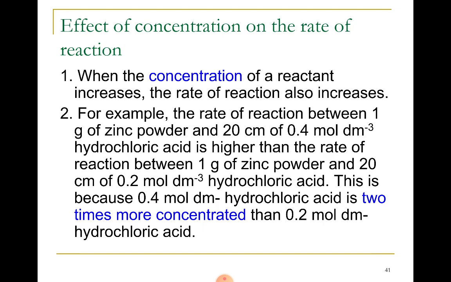Okay, when the concentration of a reactant increases, concentration we always relate with a solution lah, biasanya dalam bentuk aqueous solution kan. The rate of reaction also increases.